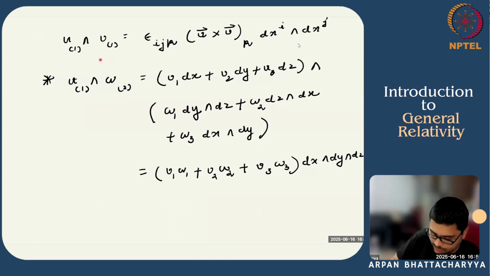Similarly, in the example before, we have a 1-form and a 1-form, and their wedge product gives a 2-form, which is written in terms of the wedge basis of 2 covariant differentials.